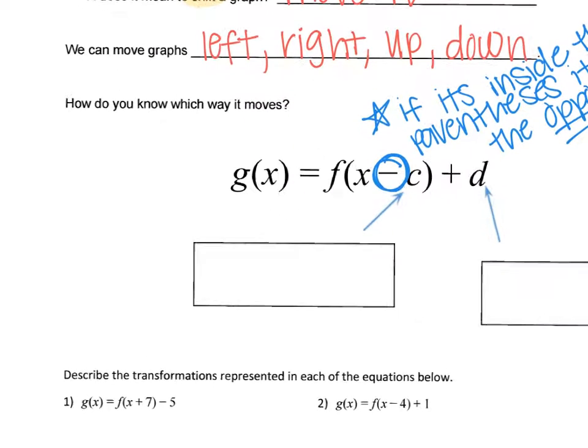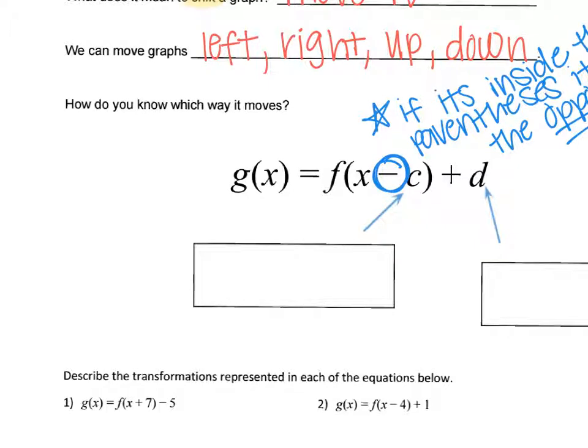So if we're looking inside the parentheses, this c, and this sign along with the c, tells us to move it to the right or the left. So if I move it to the left, it's going to have a plus sign. And again, it's opposite because when I pull it out, it's really subtracting.